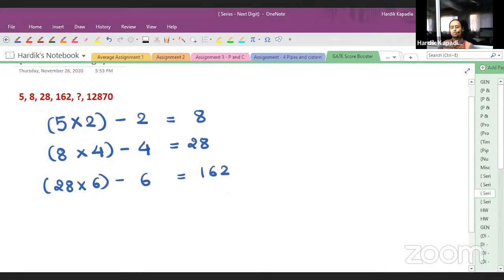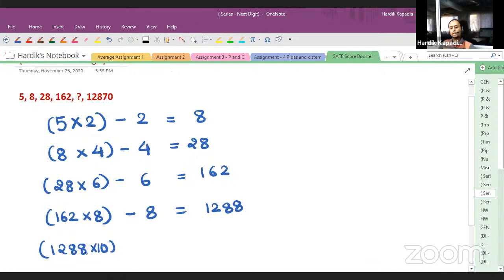So now 162 into 8 minus 8 is 1288. If you want to check it, 1288 into 10 is 12880 minus 10 is 12870. So your answer is 1288.